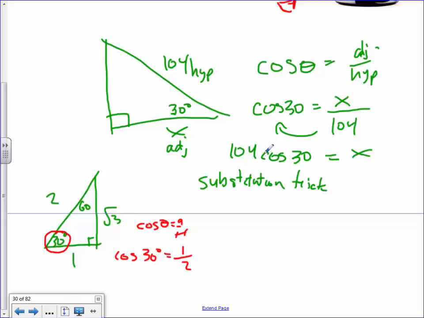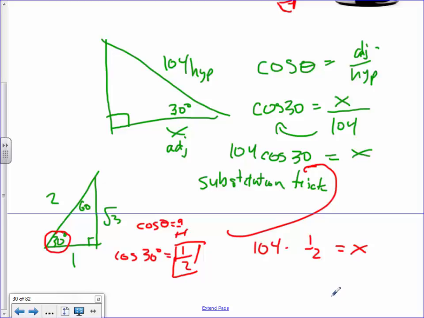So rather than writing cosine 30, I could substitute 1/2. So I'm going to take 104 and times it by 1/2. Well, timesing by 1/2 is like dividing by 2. So half of 104 would be 52. Doesn't need a square root, which is kind of nice.